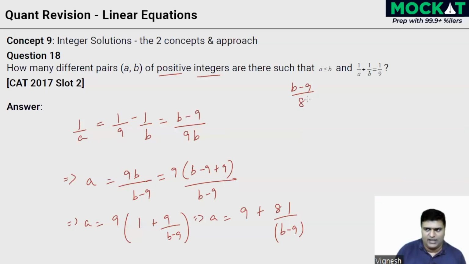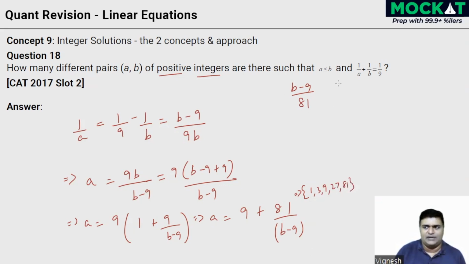It can take 81, right? It's going to be divisible by 81, so all the factors of 81 can be taken. What are the positive integer factors of 81? 81 is 3 power 4. So 1, 3, 9, 27 and 81. These are the values it can take.